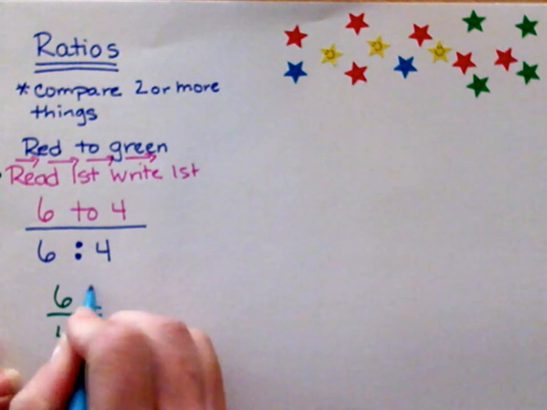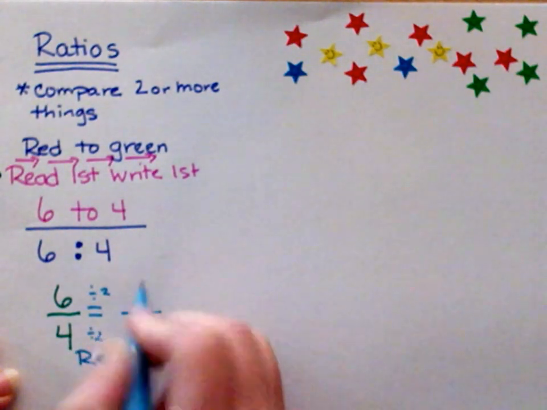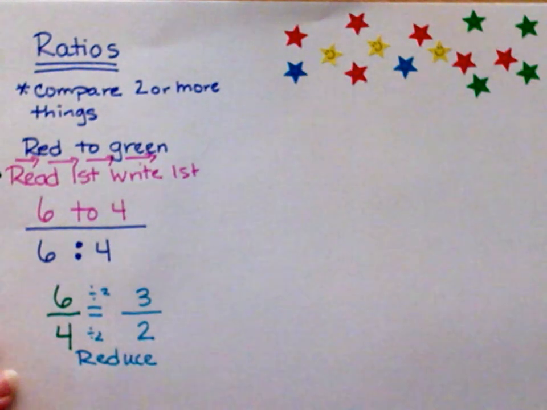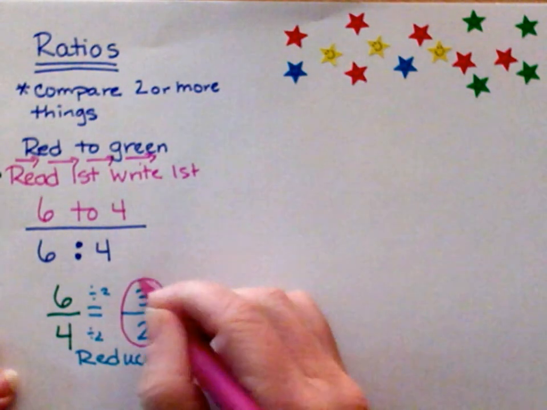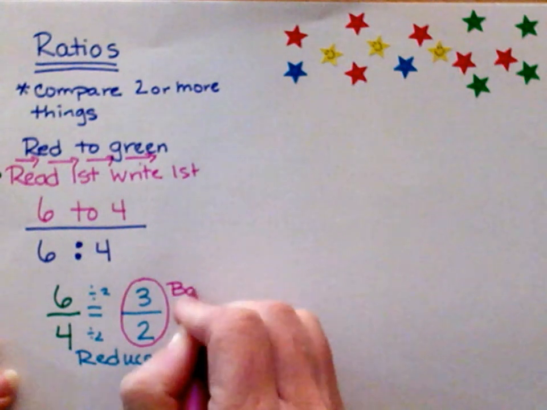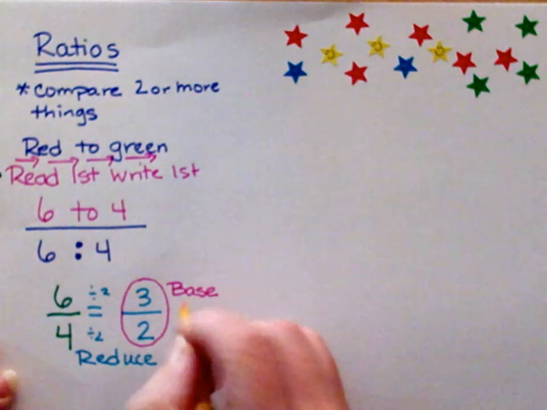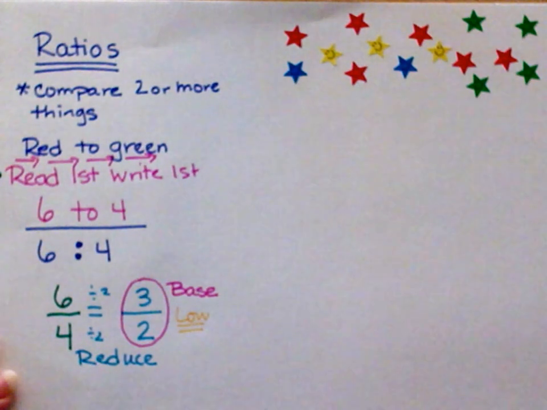When I reduce this and divide by 2 on the top and divide by 2 on the bottom, we get 3 to 2. We consider this reduced ratio a base ratio. In other words, it's as low as it can go.